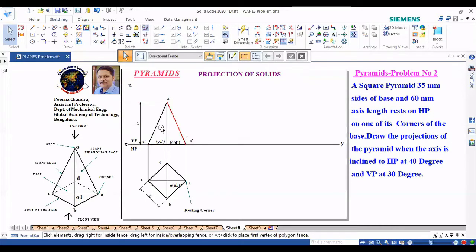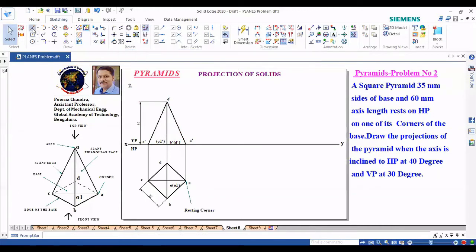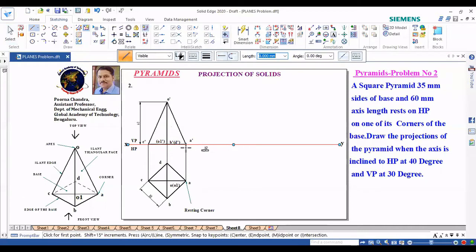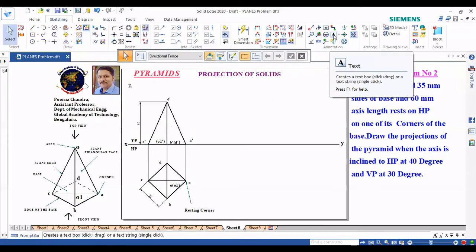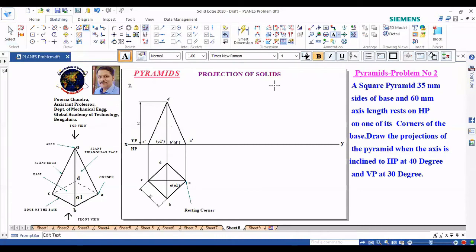Okay. So what you need to do? So select visible line. So now from here, since if I want to rotate this base for 40 degree, the angle what you need to take is, I'll just type here HP inclination. Inclination, you are supposed to take it as 90 degree minus given HP angle, that is 40. So you get the 50 degree, right?